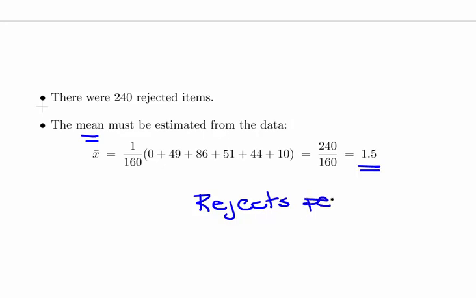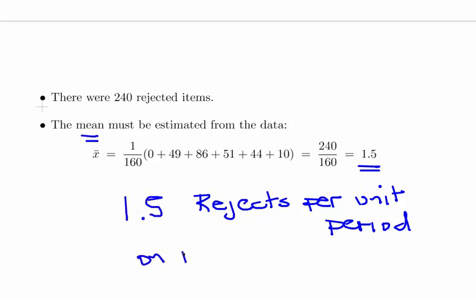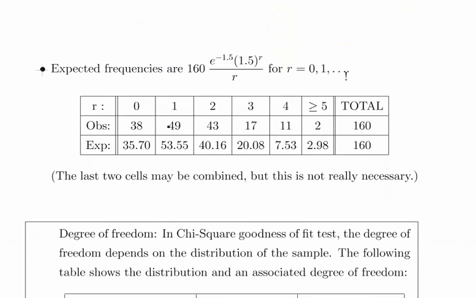Now, actually, it doesn't say shift there. I'm using that phrase myself, so I'll just say unit period. 1.5 on average. Okay? So, that's important.